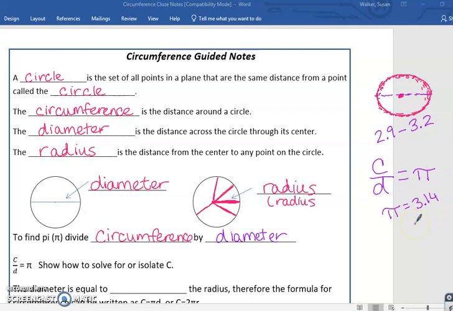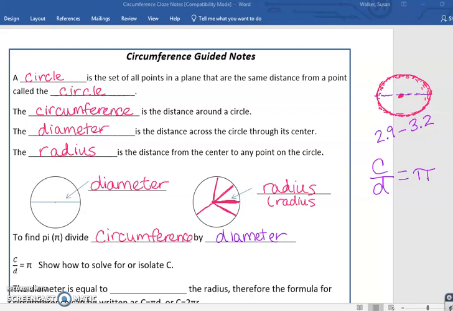Sometimes we use 22/7. So just a little information for you. So when we use pi, most of the time, we're going to use 3.14. If you're having trouble multiplying, if it's multiple choice, you could use 3 for pi. Just make sure you're getting an answer that's close.